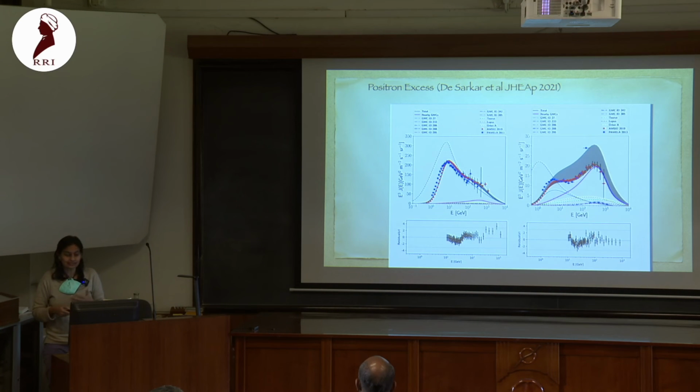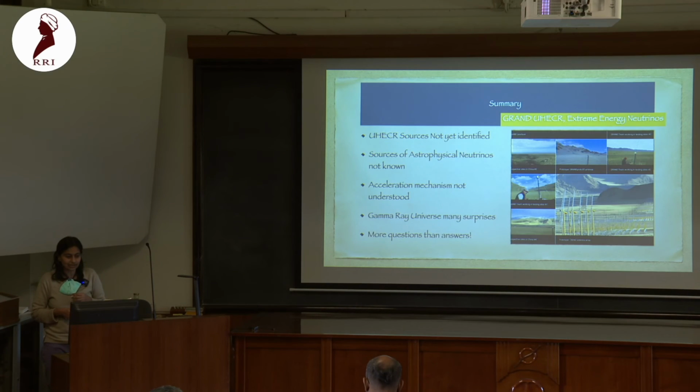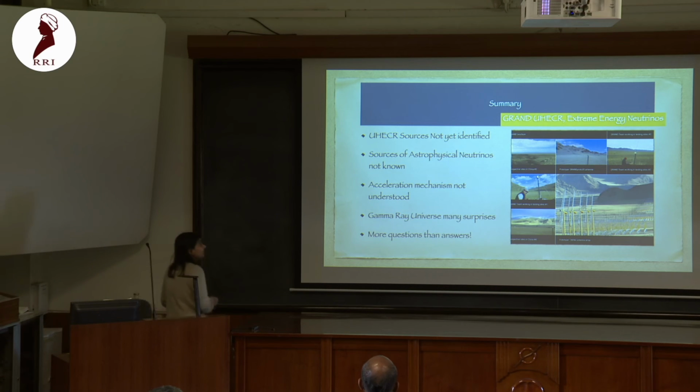So I go back. As this is galactic cosmic ray, very exciting results. I don't have time to tell, so I go to the last slide: UHCR sources are not yet identified. So the goal of multi-messenger astronomy is to identify the UHCR sources, which have not yet been identified. Sources of astrophysical neutrinos are yet unknown. These may be AGN, most likely they are AGN.